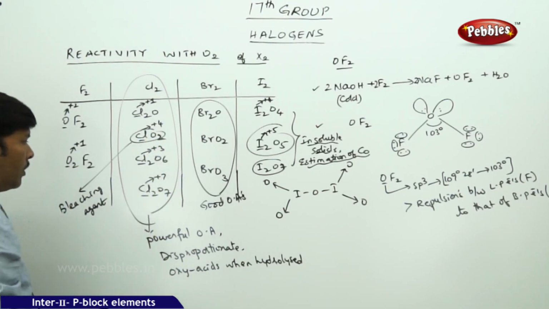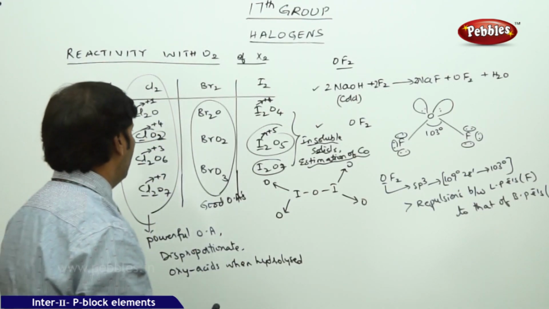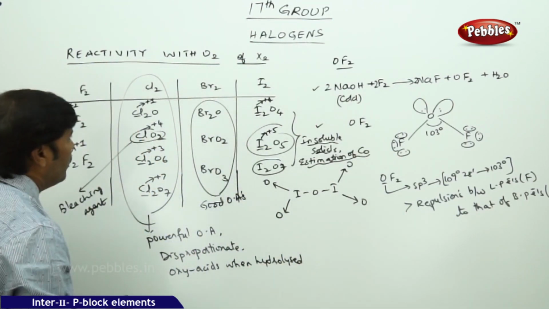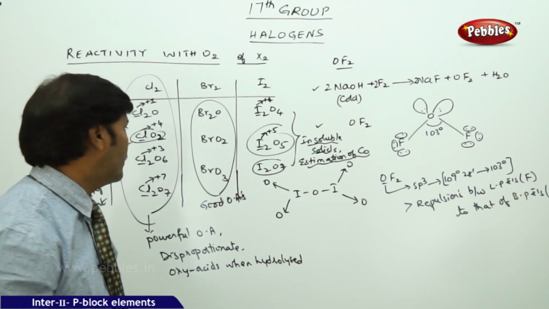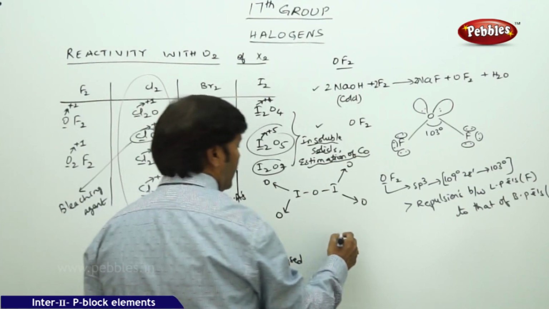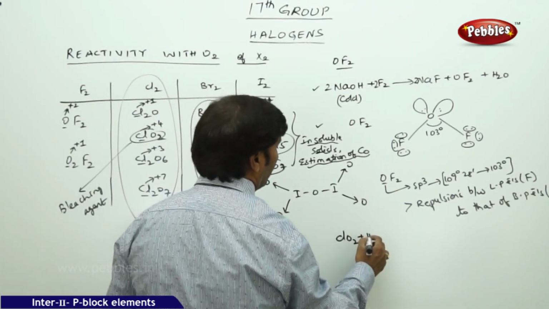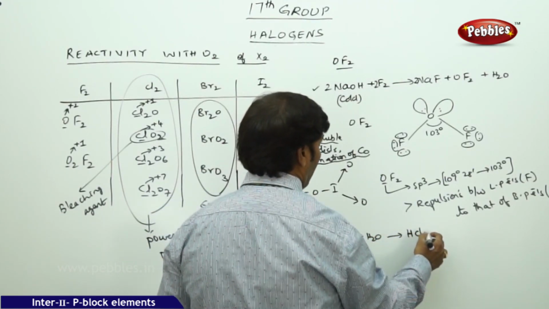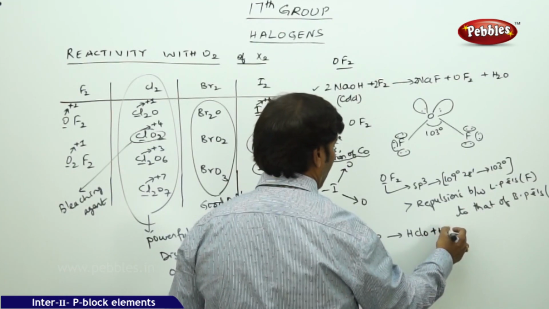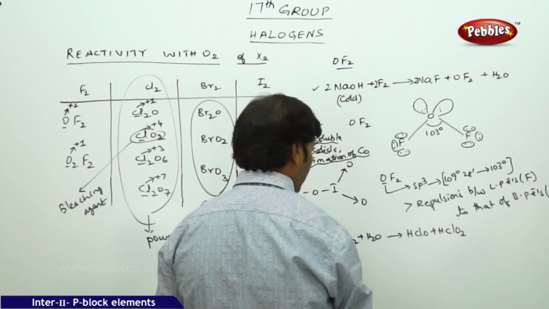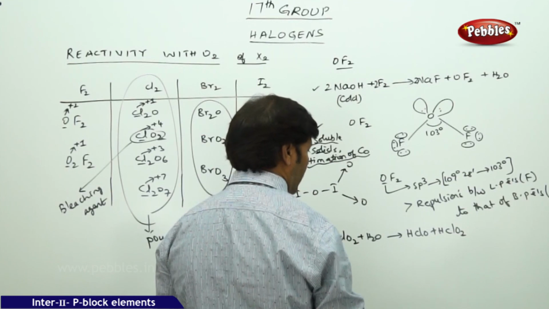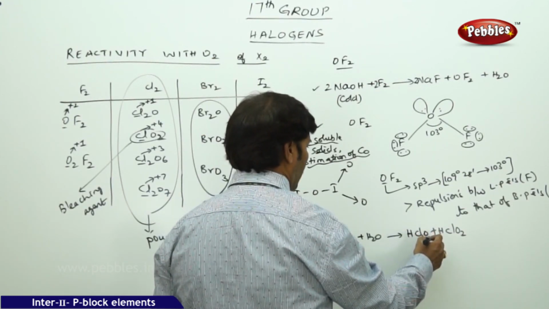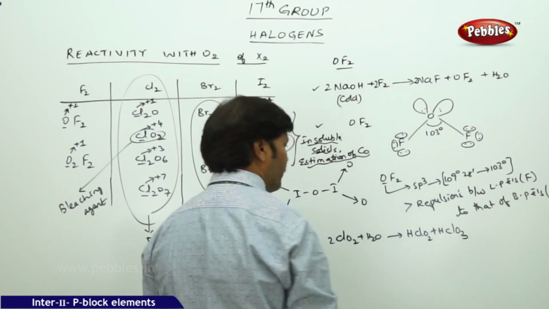You find that the oxides of chlorine, for example, if you take the oxide ClO2, every oxide is going to give its own oxyacid. If you take ClO2, I think it can give 2 types of acids upon hydrolysis, that is, HClO2 and HClO3.